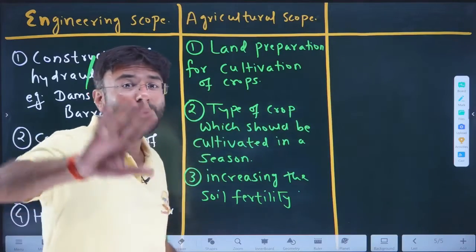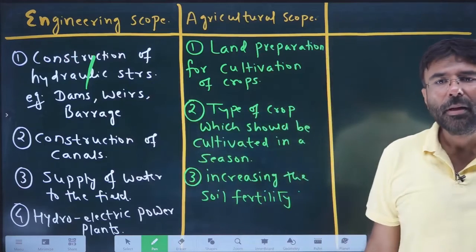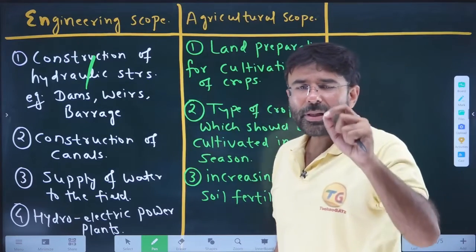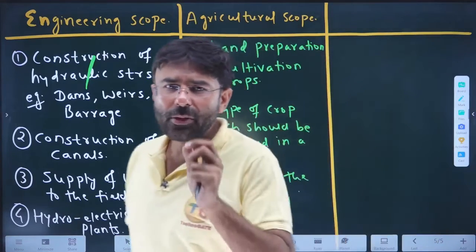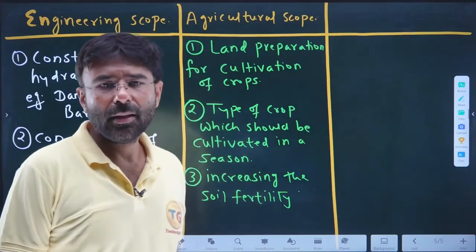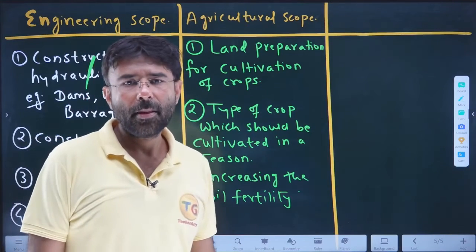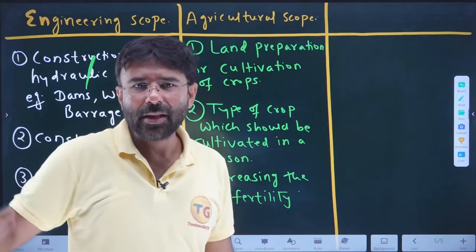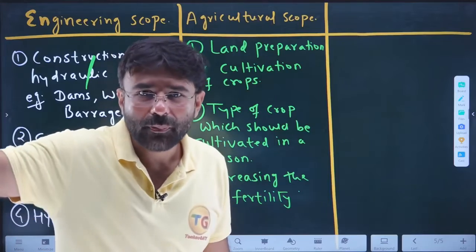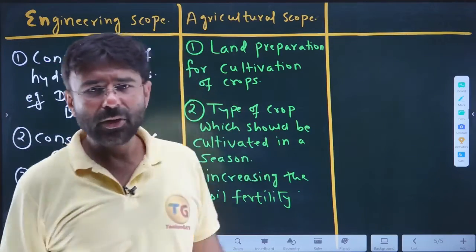Farmers do not know the meaning of Indian standard soil classification. A person who is directly associated with farming, with agriculture, has nothing to do with the type of soil: clay, silt, gravel and sand. He does not know about the particle size distribution analysis. He does not know about the plasticity chart. He does not know about the liquid limit, plastic limit, shrinkage limit of the soil.